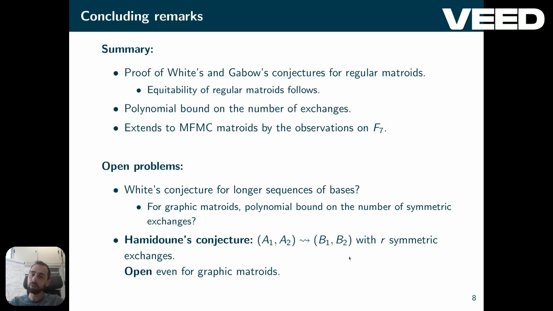Okay, so Amidou's conjecture is somehow a mixture of White's conjecture and Gabor's conjecture, because it says that we can go from one pair of bases into another by using symmetric exchanges, and even more, we can do this in a small number of steps, actually linear in the rank. And so in this context, this conjecture provides a common generalization of the conjectures of White and Gabor.